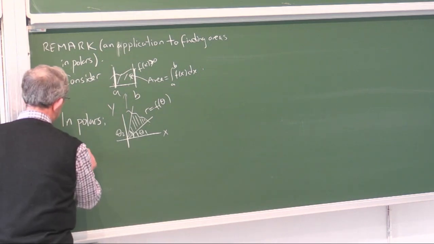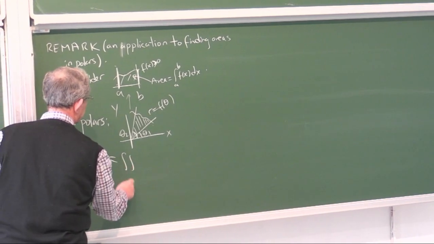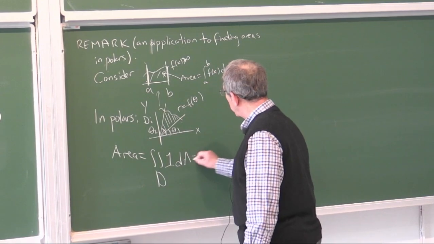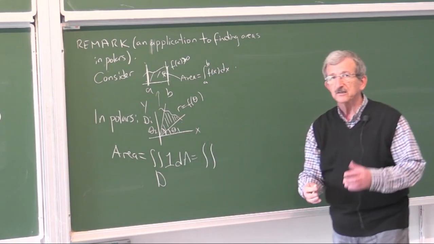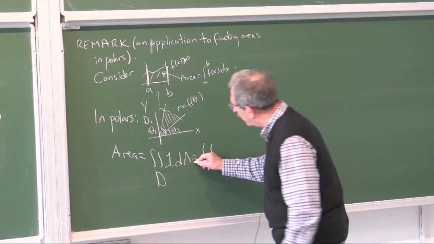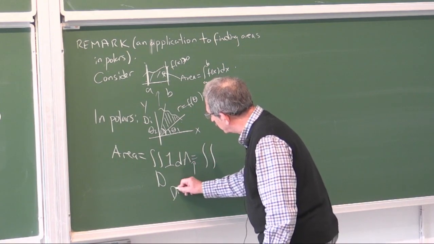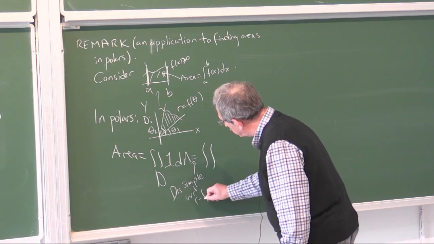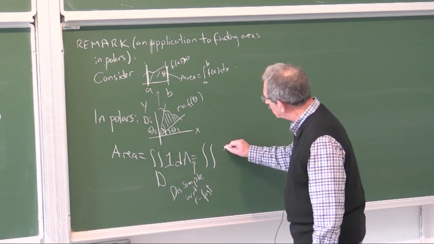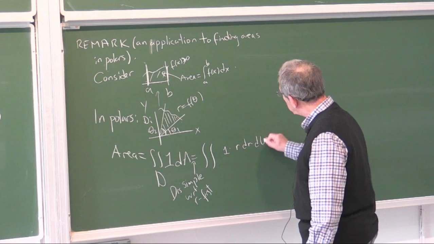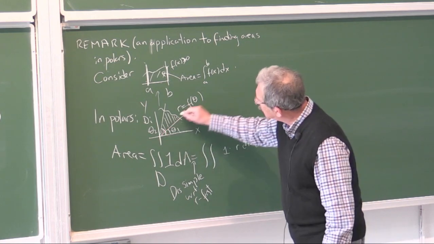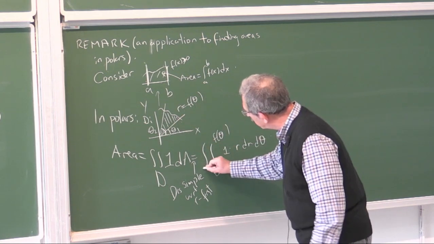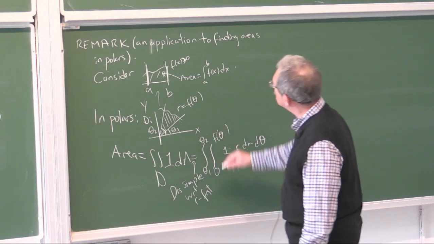So we can calculate the area here. Namely, the area is the double integral over d, if this is my d, of 1 dA, which, because it is simple with respect to r first, becomes the integral of 1 r dr d theta, where r changed from 0 to f of theta, and theta from theta 1 to theta 2, something like a to b.